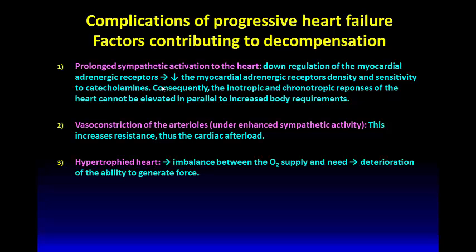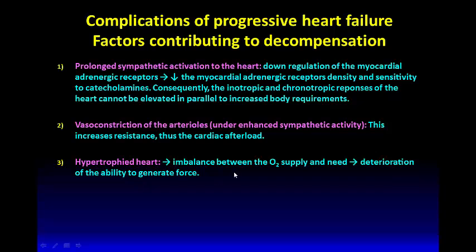When there is increased left ventricular afterload as a result of systemic arterial hypertension or aortic valvular stenosis, the left ventricle has to work harder to overcome the increased afterload, and it might undergo concentric hypertrophy.